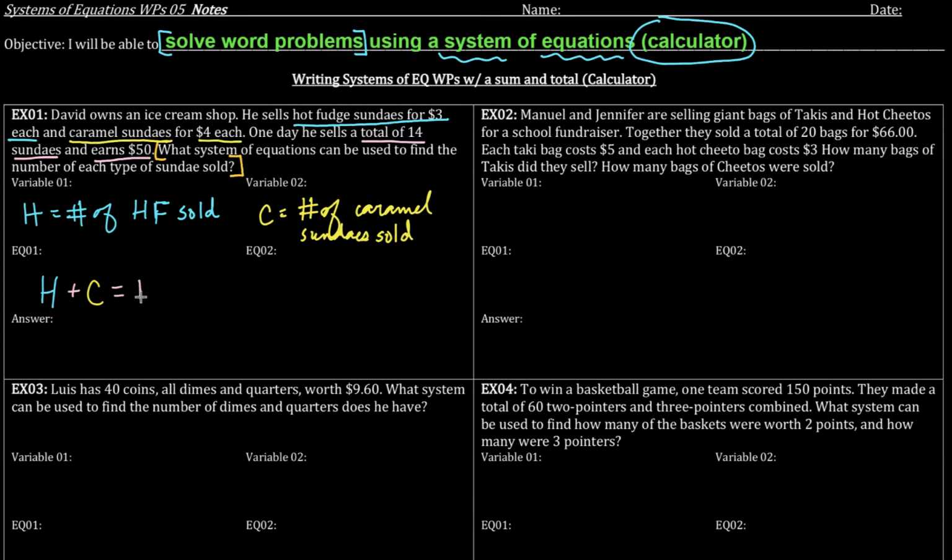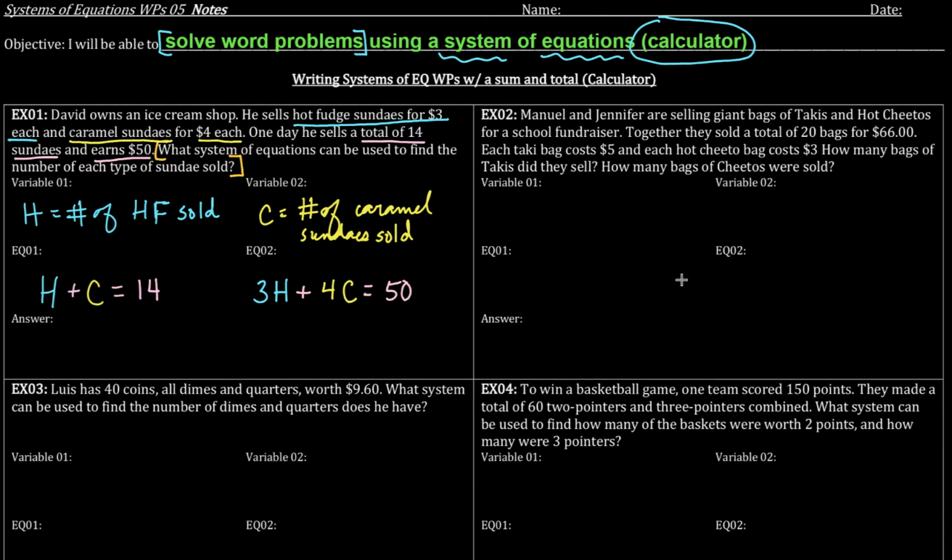And our second equation uses the other total, which is $50. So $3 times the number of hot fudge sundaes plus $4 times the number of caramel sundaes sold produce a total of $50.